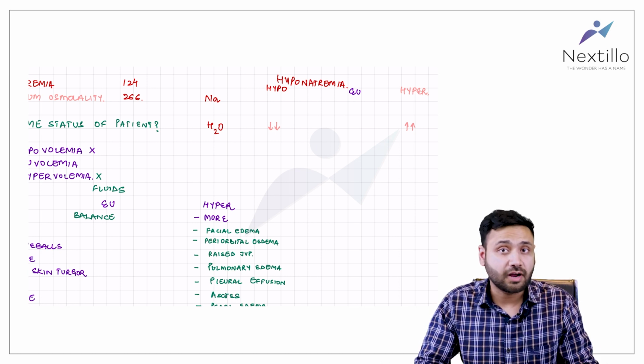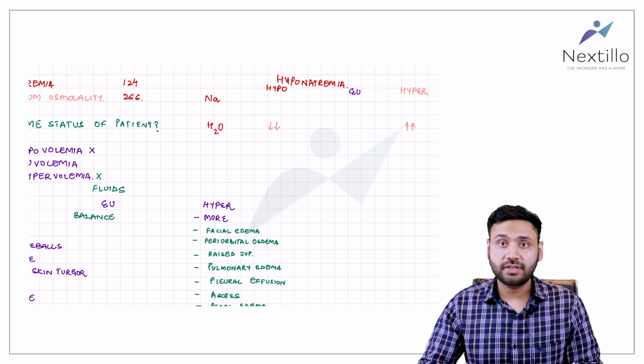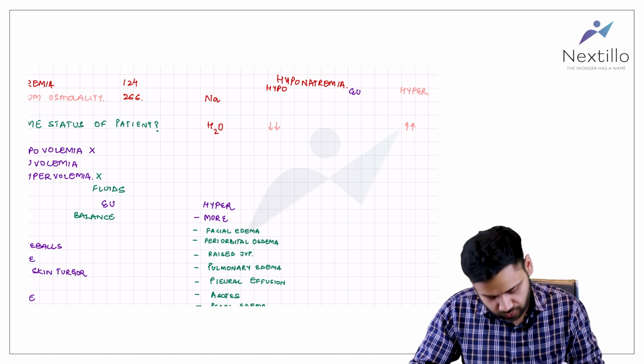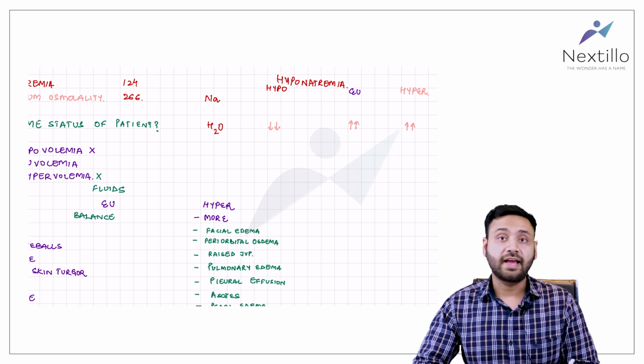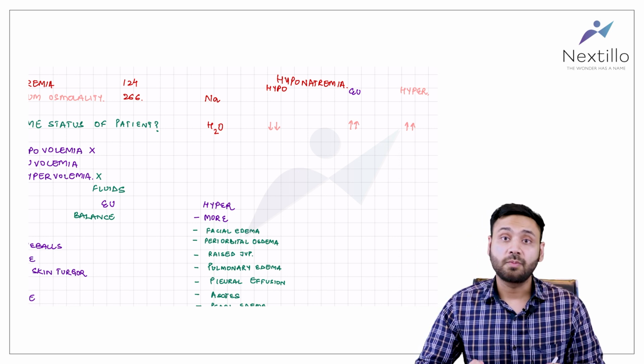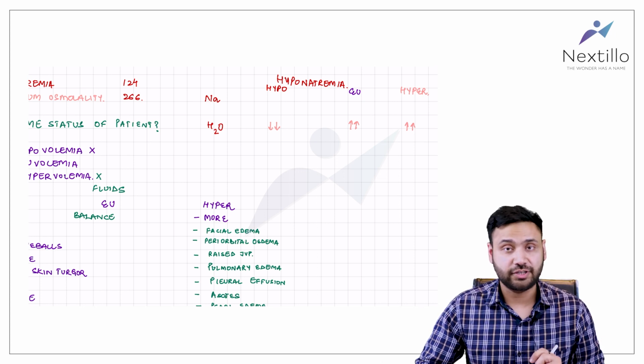But however, in euvolemic state, the total body water in the presence of hyponatremia is more. So, the water content in the body in case of euvolemia and hyponatremia is more. Now, we should approach sodium in each state.